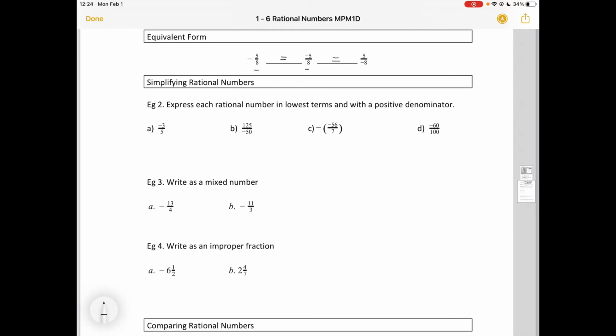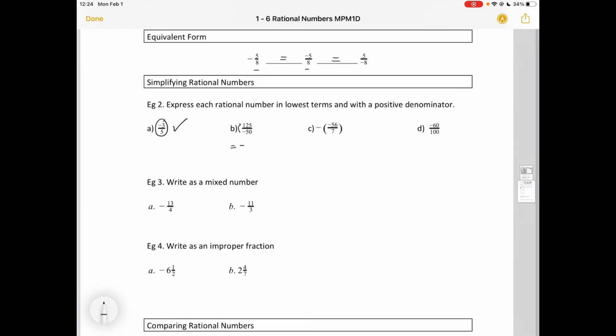Here we're going to express each rational number in lowest terms and with a positive denominator. So here we've got minus 3 over 5. That is in lowest terms and our denominator is positive, so that one is complete. In our next one here, I'm going to move my negative to the top so that the denominator is positive.